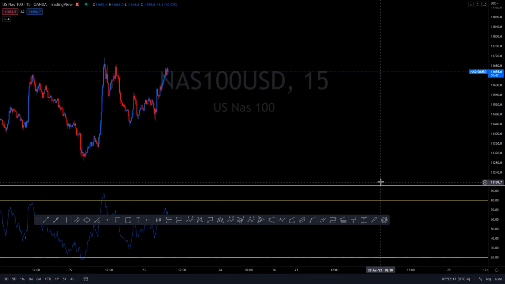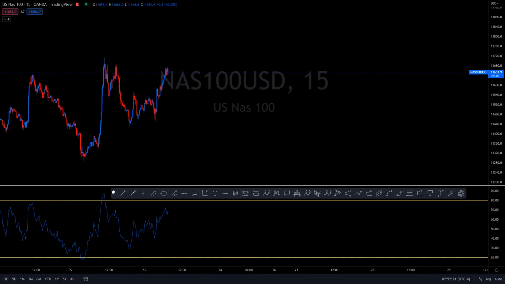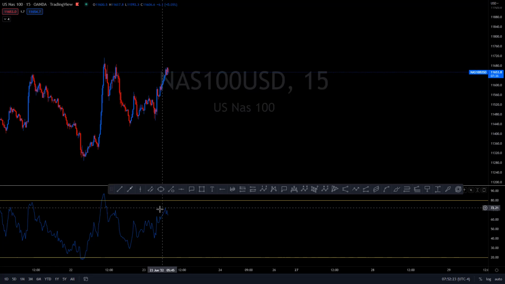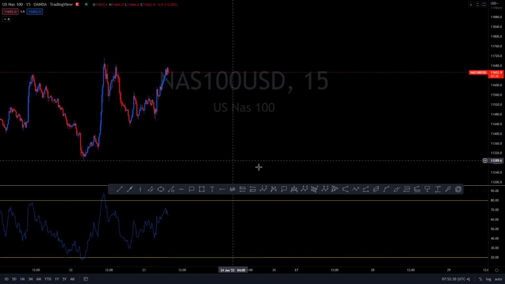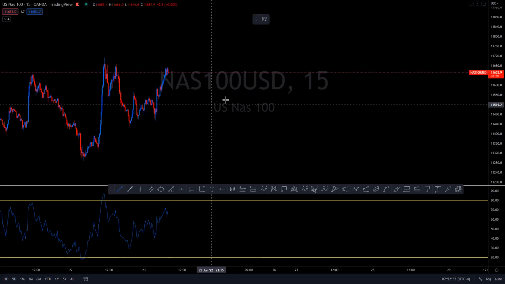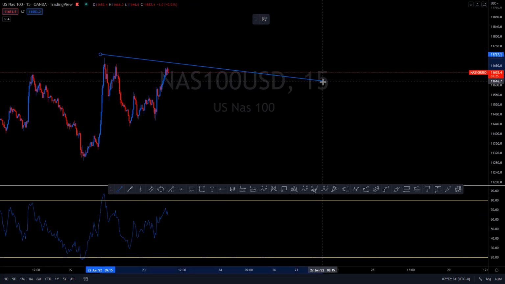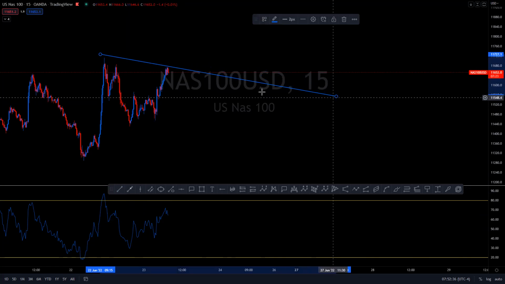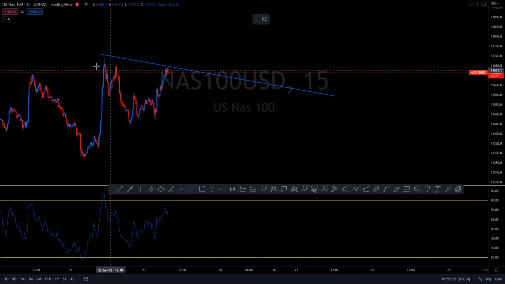So step 2, this is where we're going to figure out what the overall trend is. When I look at the RSI, I see that price is close to being oversold. Overbought, rather. So I think it's safe to conclude that price is starting to reverse and go bearish. So let's draw a little trend line here.